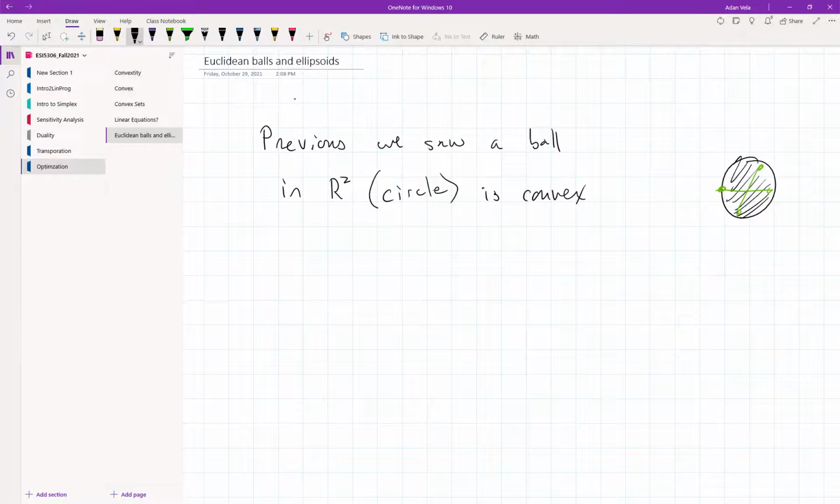Now, this holds broadly true, regardless of whether we're working in 1 dimension or 2 dimensions or 3 dimensions.